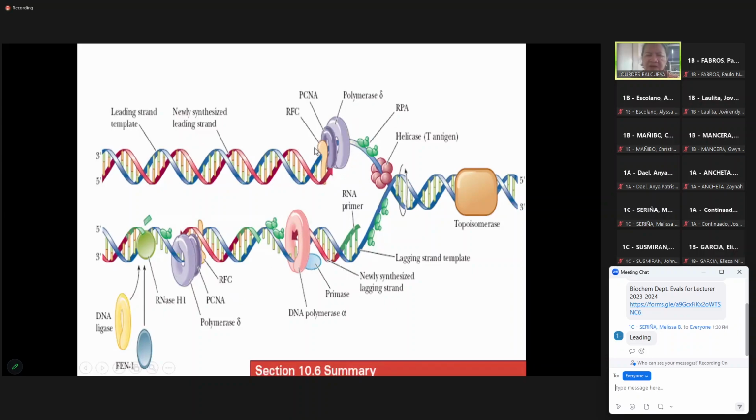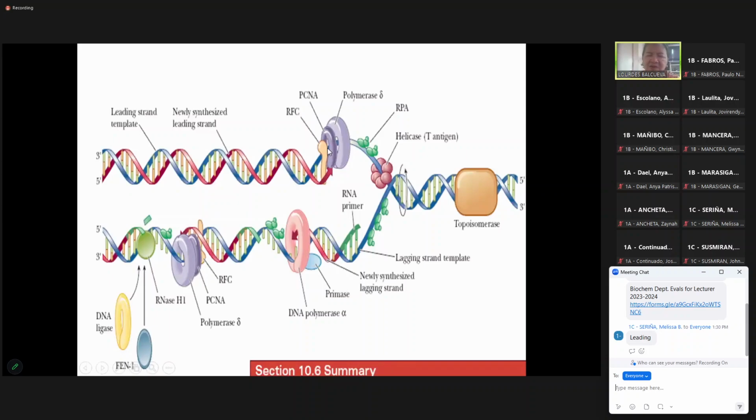Now this one is RFC. What is RFC? Replication factor C. So do not confuse that with RPA. It has a different function. This is the clamp loader. This is called the clamp.